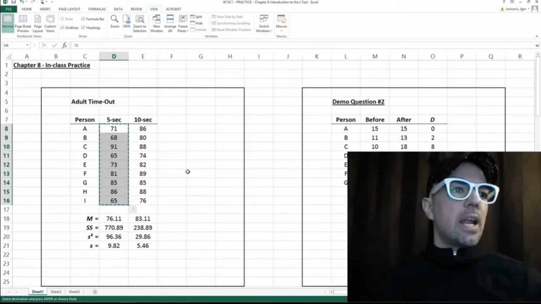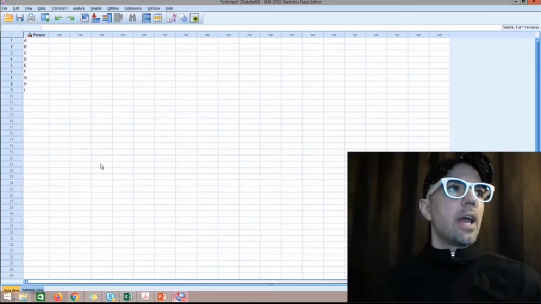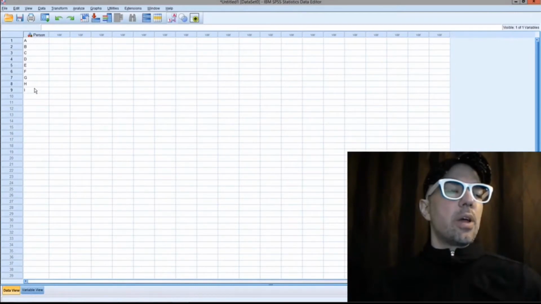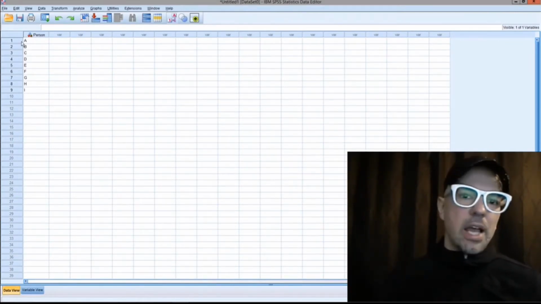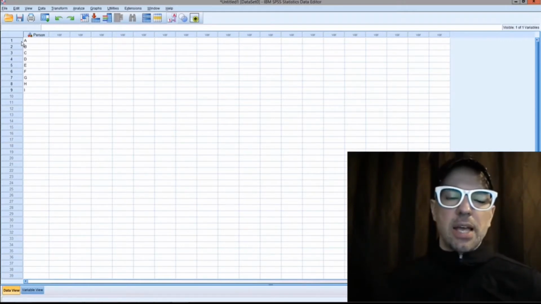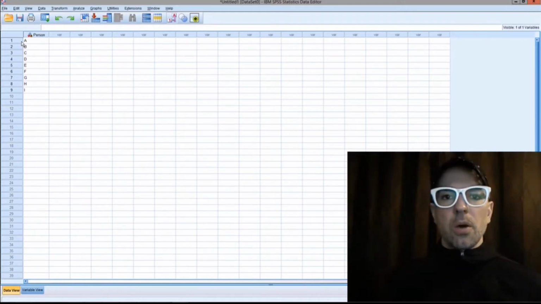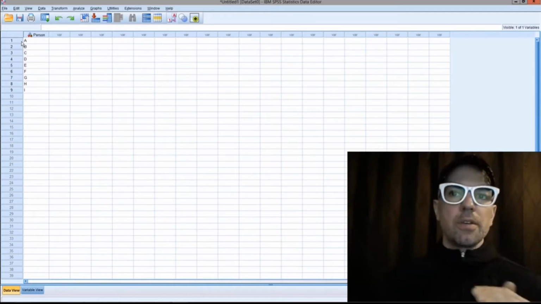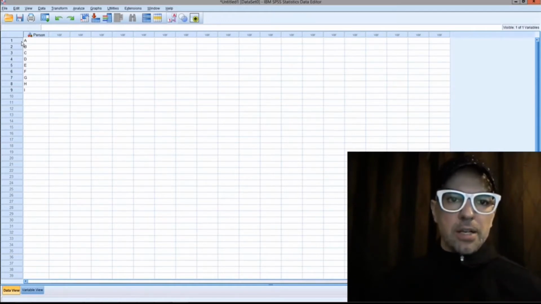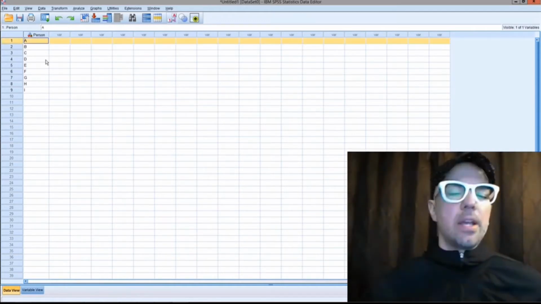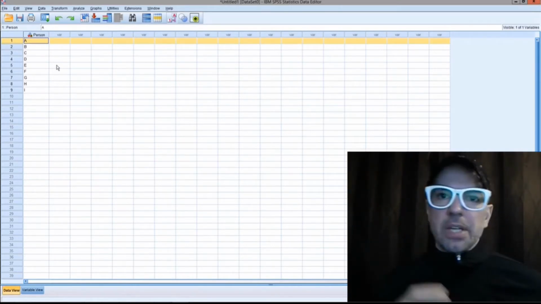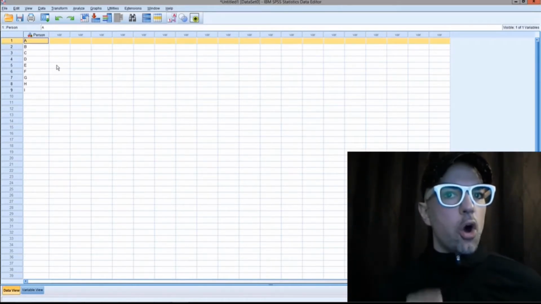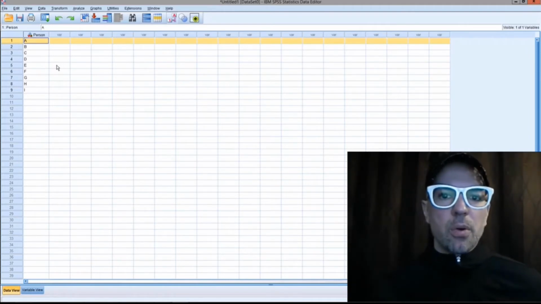And the reason that I labeled those rows as A, B, C, D, all the way up to I, is that the main organizing principle for data in SPSS is that every single row is reserved for one and only one subject. So row number 1 here is reserved for subject A, and subject A's scores can only go into row number 1.